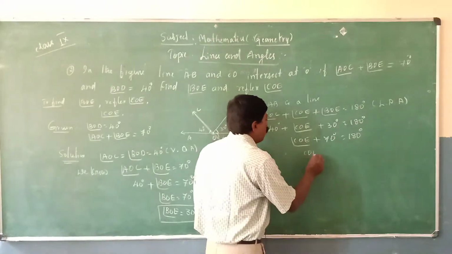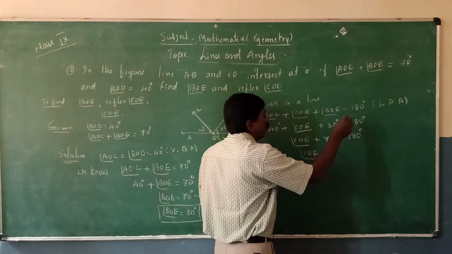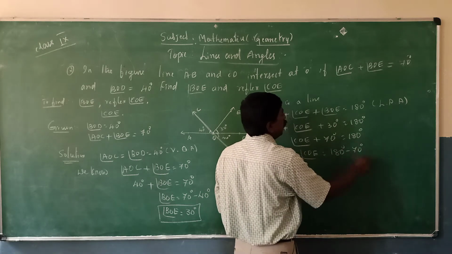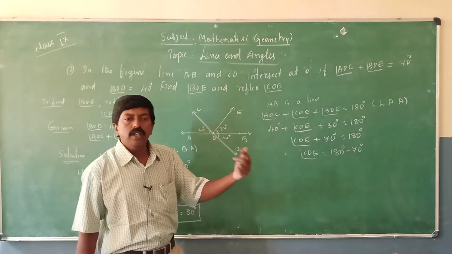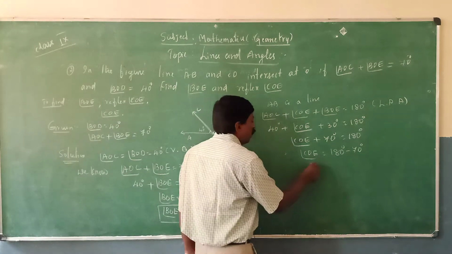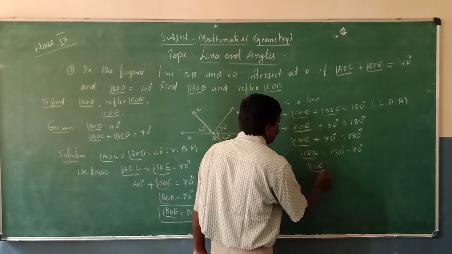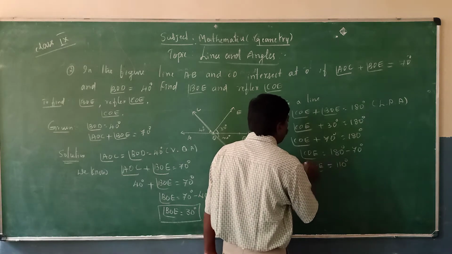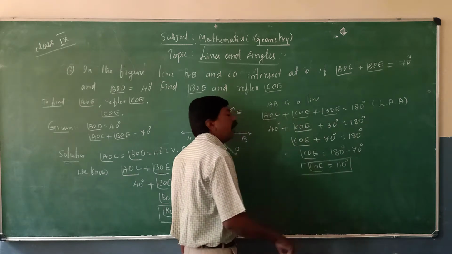Therefore, COE is equal to 180 degrees, 70 will become minus 70 because we are transferring from LHS to RHS. Therefore, COE angle is equal to 110 degrees. 180 minus 70 is 110.